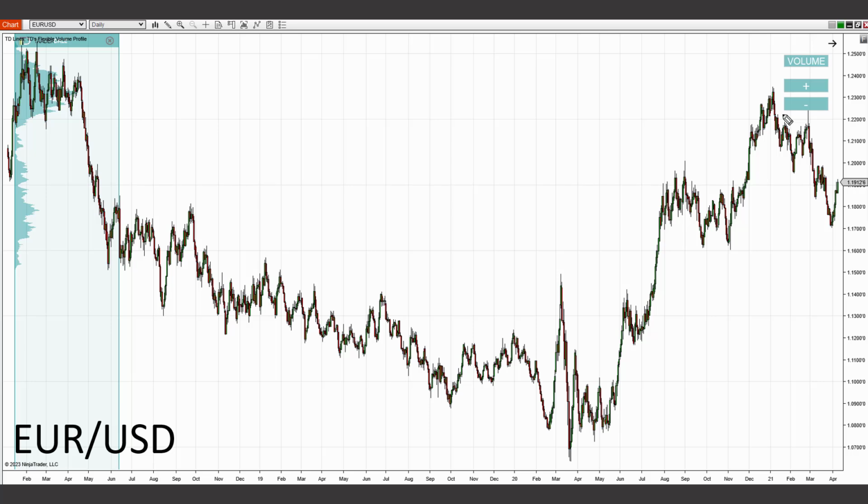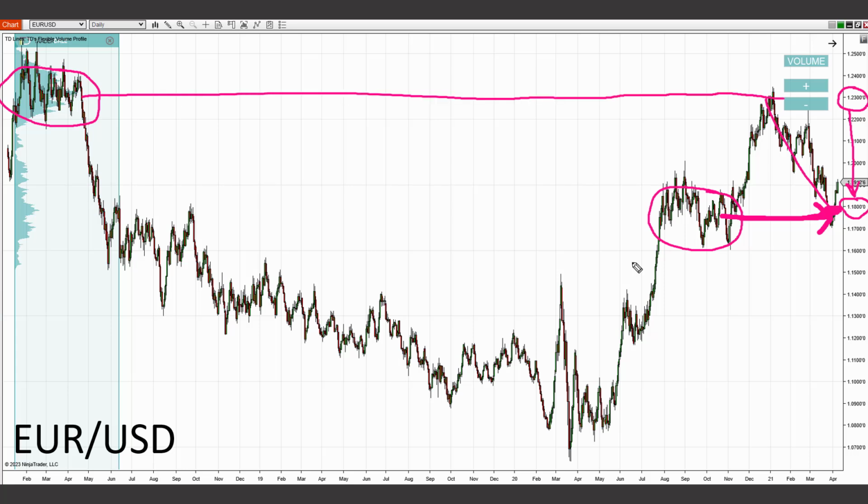In this case, ideal take profit was in here, because there was a heavy volume zone in this rotation. The price reached that heavy volume zone, and that was the ideal place to quit the trade. That's a 500 pips move based on this. So this is another way how you can trade with the volume profile.